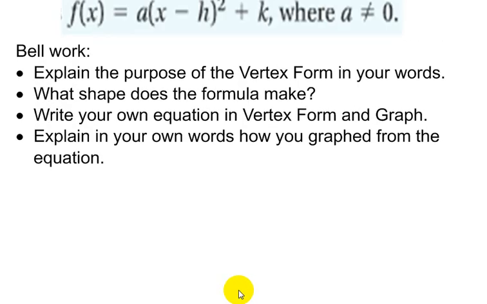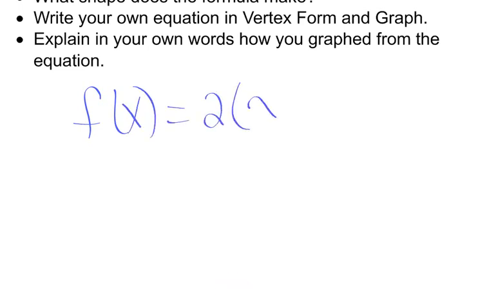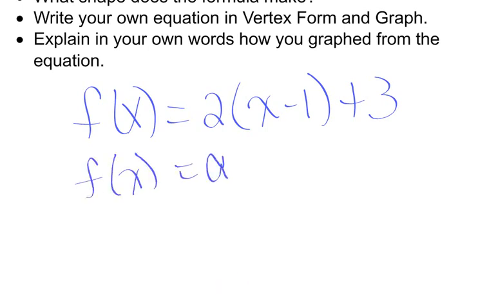So, if I have an equation, f of x, I'll just make one up here, equals, let's do 2 times (x minus 1) squared plus 3. There you go. I just made up an equation. So we know the original formula is a times (x minus h) squared plus k, right?